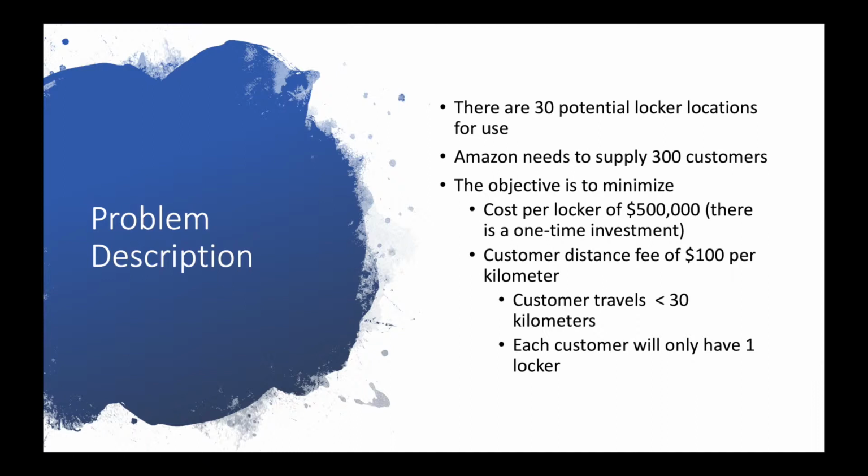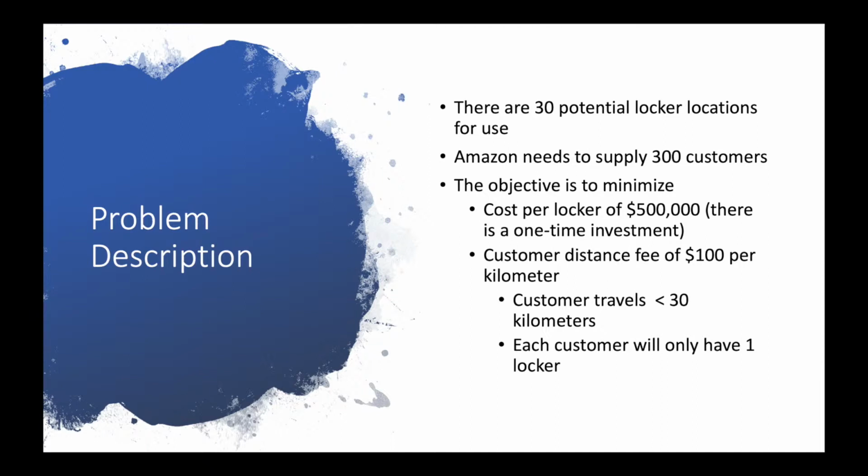Our objective is to minimize the amount of money it takes to do this, and there is an initial cost for each of the lockers being set up of $500,000, and this is only a one-time investment, meaning that it doesn't cost any money for the locker to stay in that location.